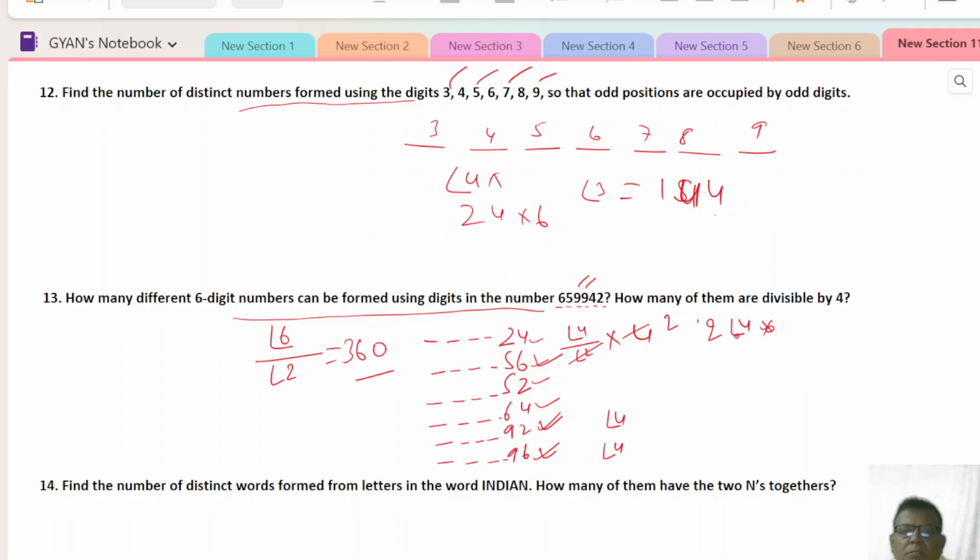So this is 48, and this is equal to 24. This is also equal to 24. So total 96.